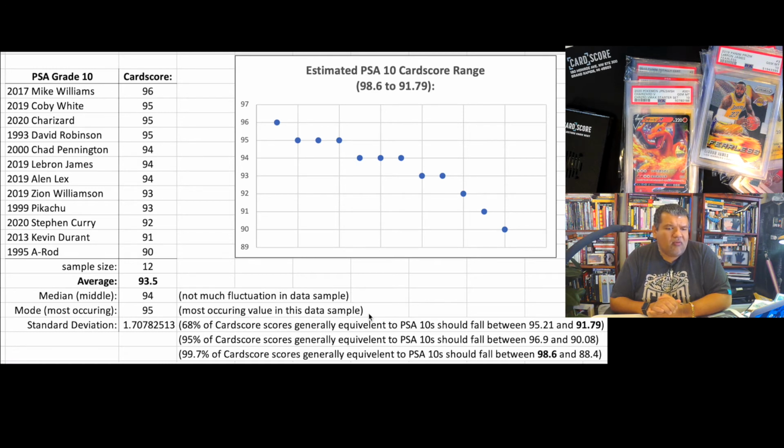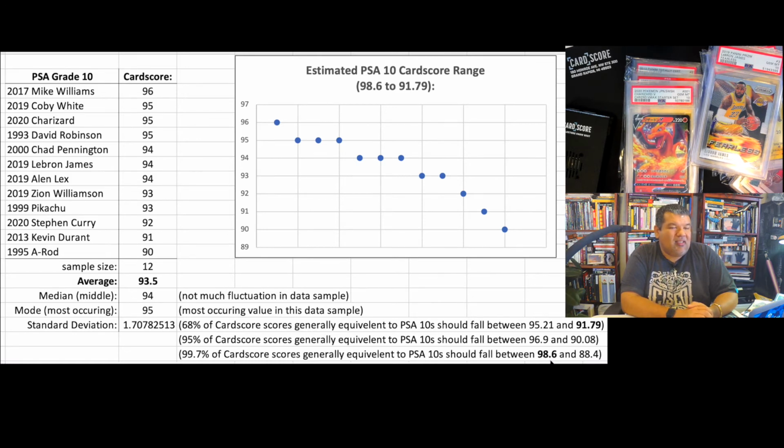So what I'm thinking realistically is, if you get a Cardscore score between about 91.78 and, of course, 98.6 at the higher end, you're pretty likely to get a PSA 10 grade from PSA, at least according to the results that we're seeing here. Now, granted, the high end of 98.6 is pretty realistic.